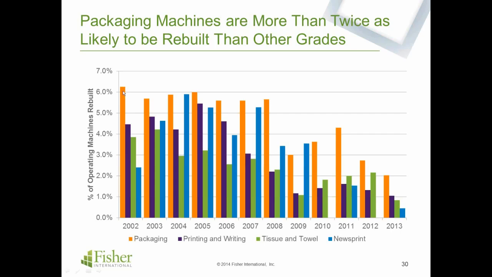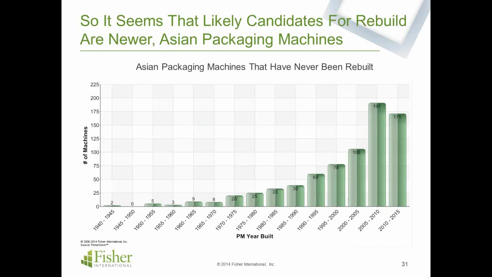In 2000, there was a larger gap between packaging and some of the other grades in terms of the percent that were being rebuilt. But last year, it's still twice as much as the next closest grade. So packaging machines are much more likely to be rebuilt than other grades.